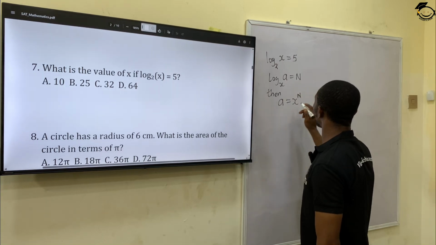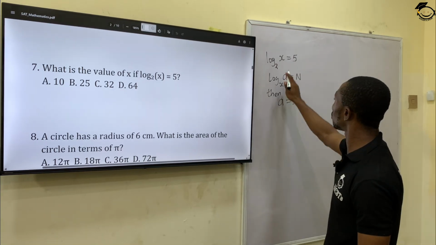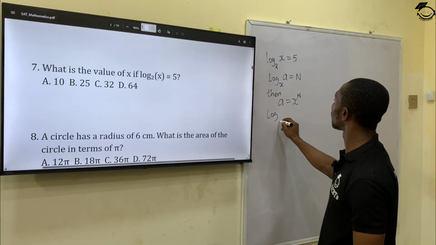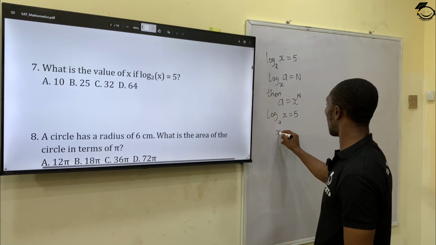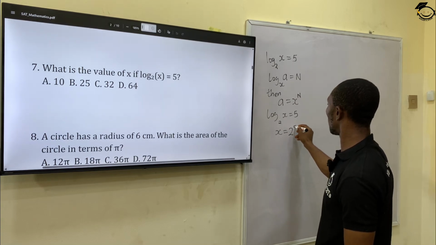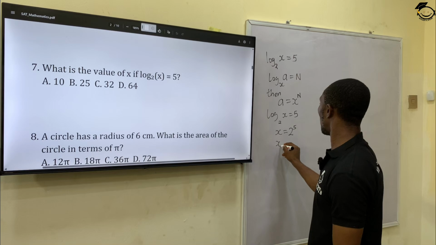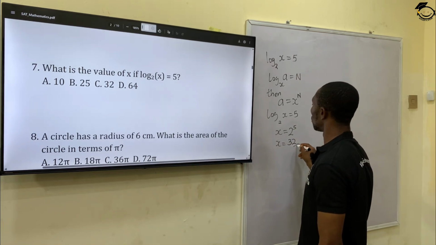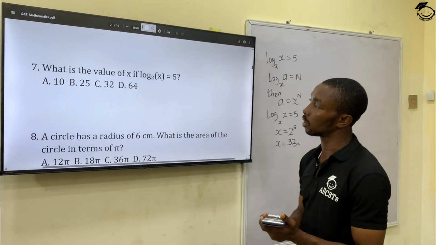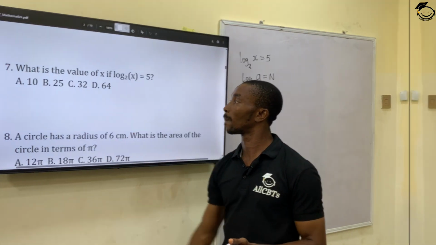Okay, applying this law, since we have log base 2 of x equals 5, this will now become x equals 2 raised to power 5. And x equals 2 raised to power 5 will give us 32. So x equals 32, which is option C.